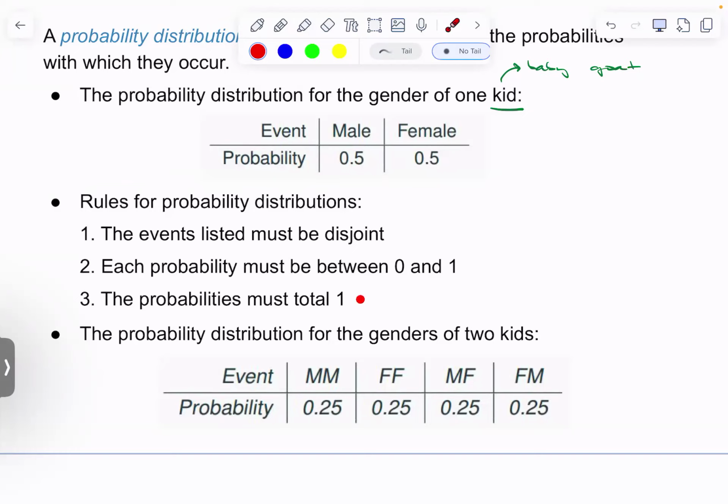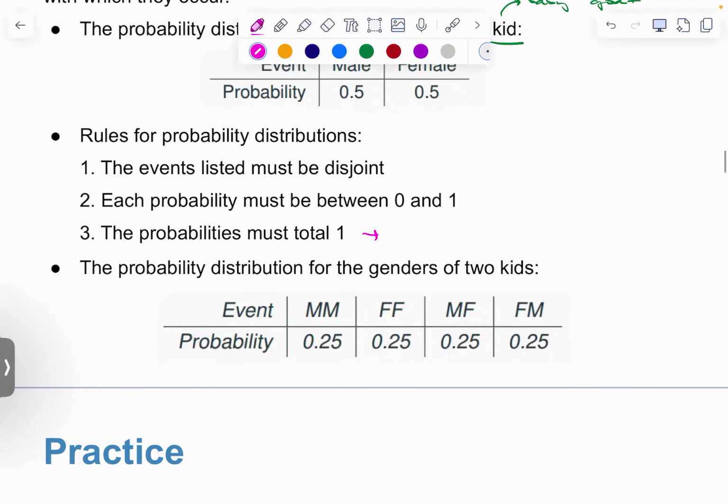And finally, the probabilities have to total 1, which means that the events listed must be all possible outcomes. The events must list all possible outcomes, which we already know is called the sample space.